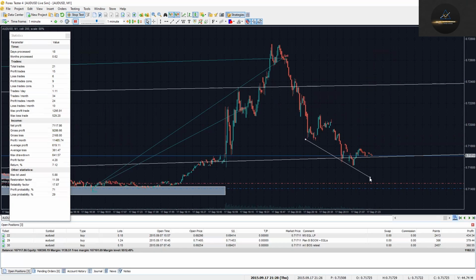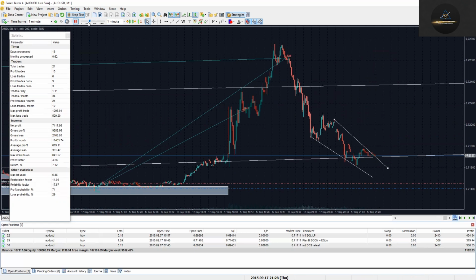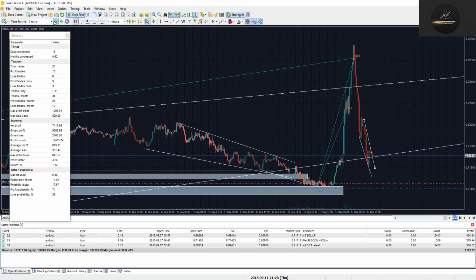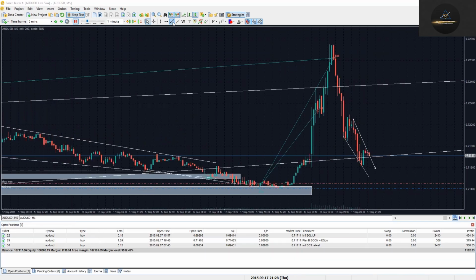Yeah, that one there. Okay, let's slow it down. It's gone to the 5 minute. You see this banker block? 1, 2, 3, 4. Oh, it's going to go even lower. Got some equal lows.